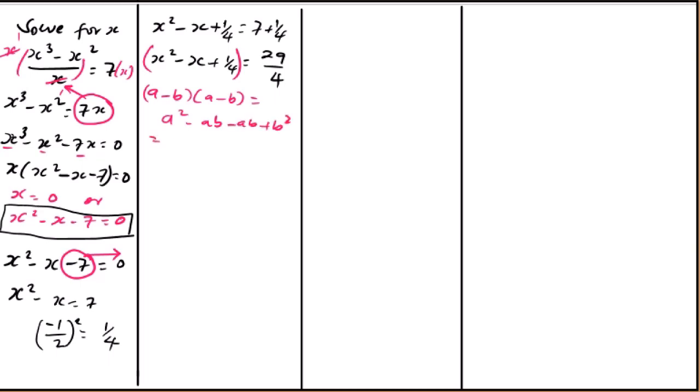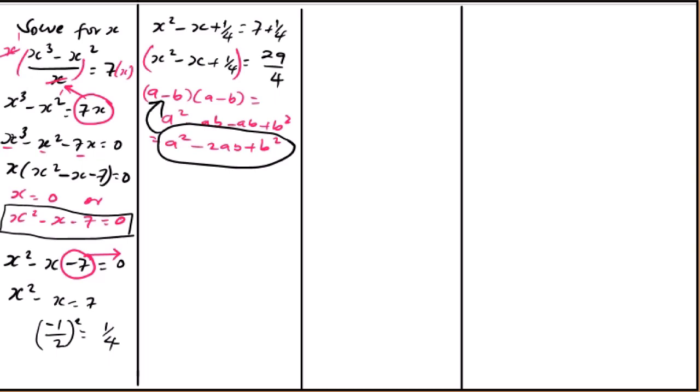Therefore it becomes a squared minus 2ab plus b squared. So this quadratic expression here is in the form of this one here. So you can bring it like this, make it to be like that.